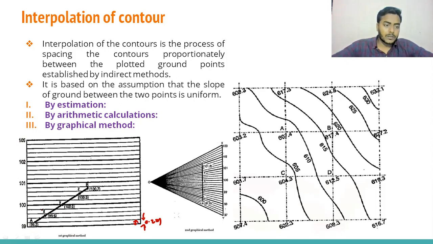After drawing this, every 5th division we can draw a dark line, so it will differentiate from the other lines. Now we have to do the interpolation between A and B. A has an elevation of 99.2 meter and B has an elevation of 100.7 meter. So you can draw a line between them on this tracing paper.